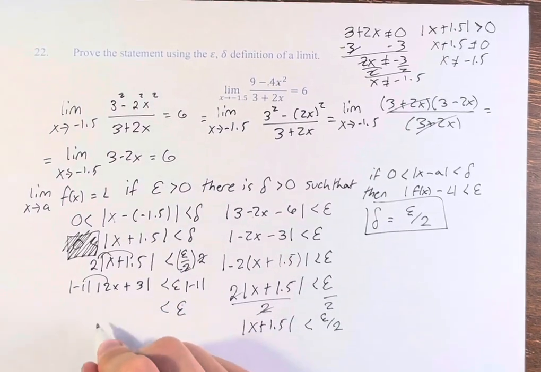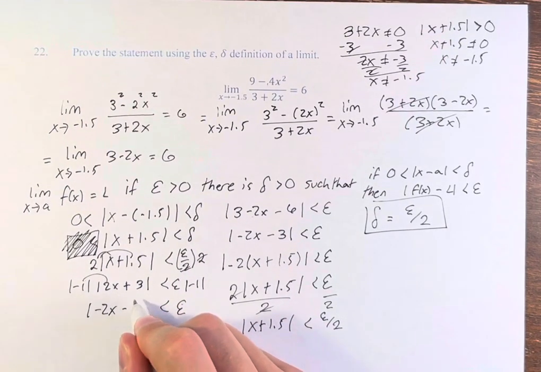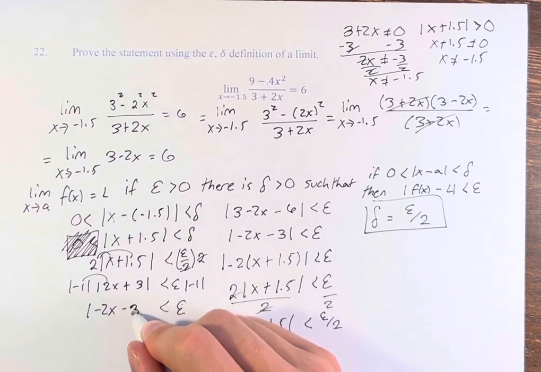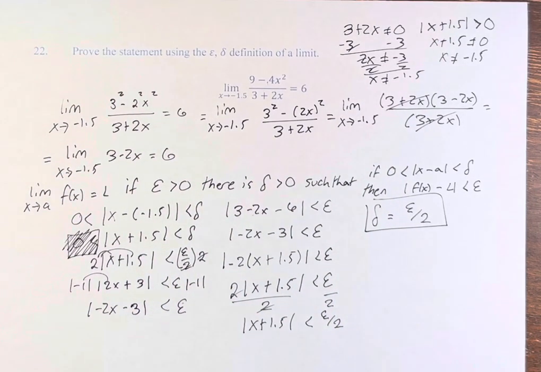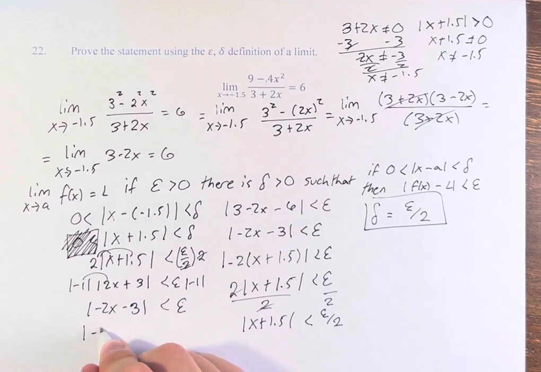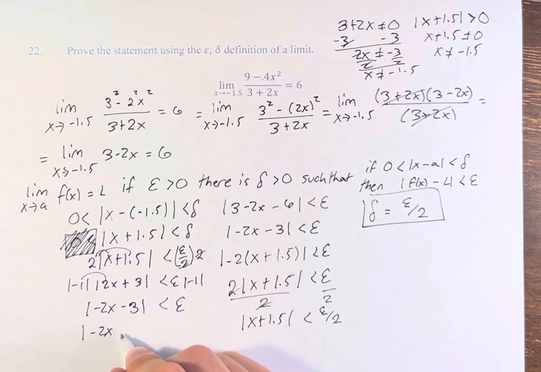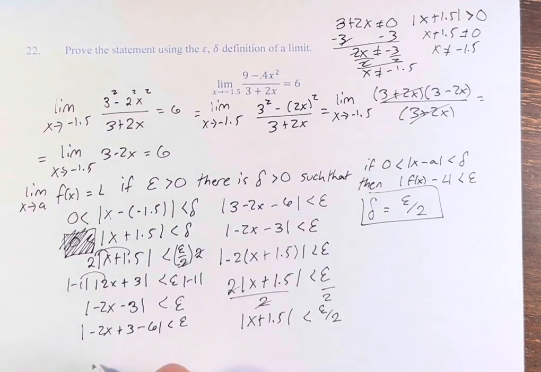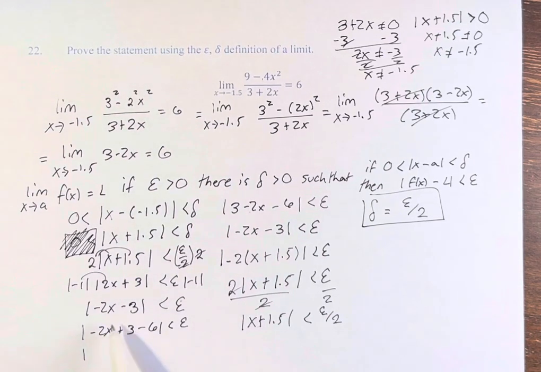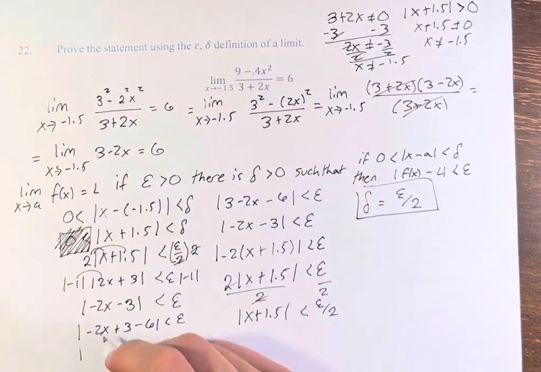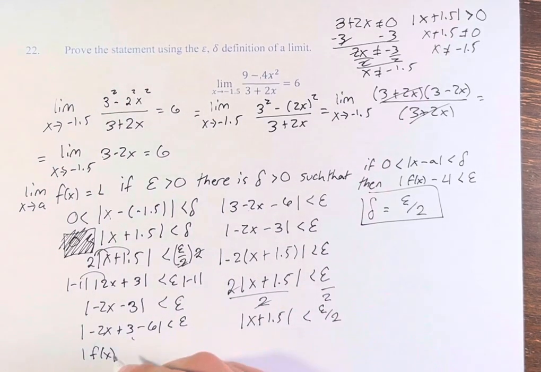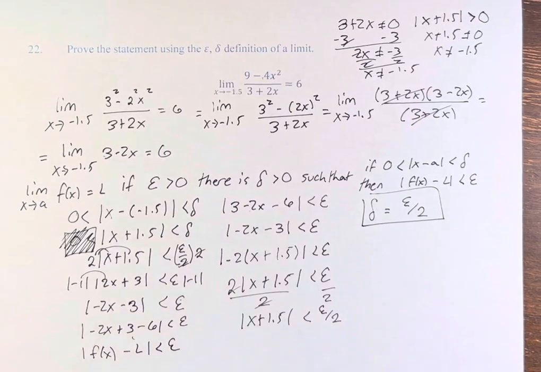But if we factor it into the absolute value, we get negative 2x minus 3 is less than epsilon. This is therefore saying that negative 2x, negative 3, we're going to split into plus 3 and minus 6, is less than epsilon. And this is equal to f of x in its simplest form. f of x minus 6, that is f of x minus L, is less than epsilon.